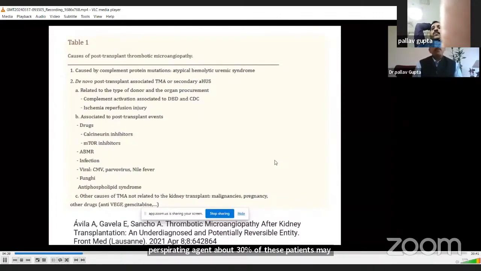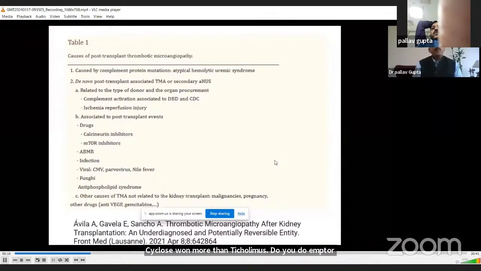The causes of de novo post-transplant TMA are related to donor type and the organ procurement process, that is, patients with a diseased brain dead donor and cardiac dead donors, or due to ischemic reperfusion injury. It could be associated with post-transplant events due to drugs like calcineurin inhibitors, in which cyclosporin and tacrolimus are implicated, cyclosporin more than tacrolimus, or due to mTOR inhibitor drugs.